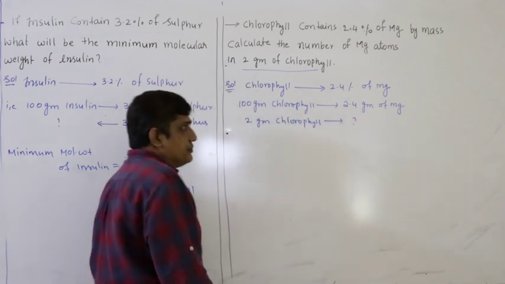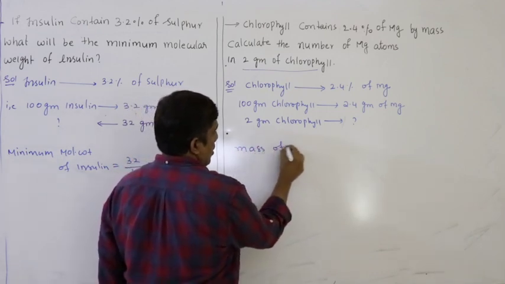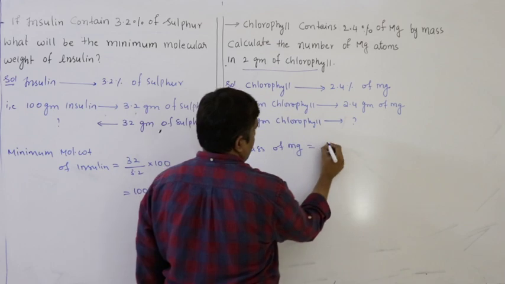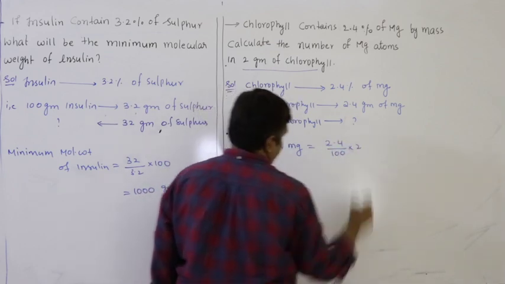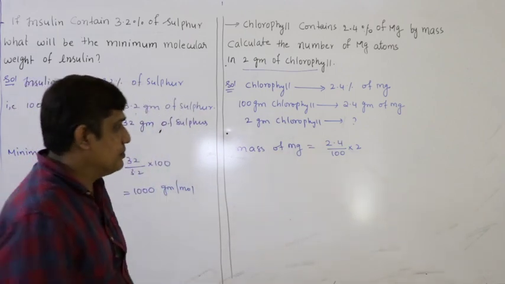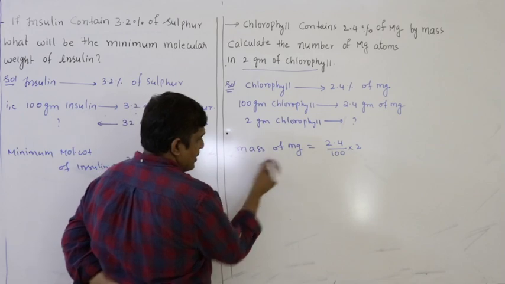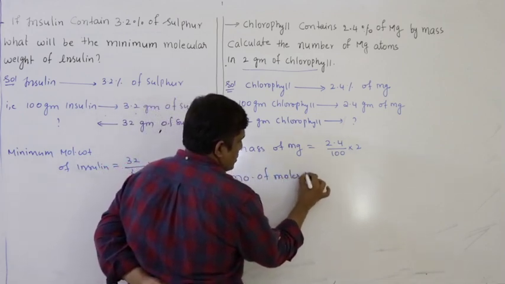of magnesium? So mass of magnesium, 2.4 by 100 into 2. This is the mass. We require number of magnesium atoms. So convert into moles. Number of moles of magnesium.